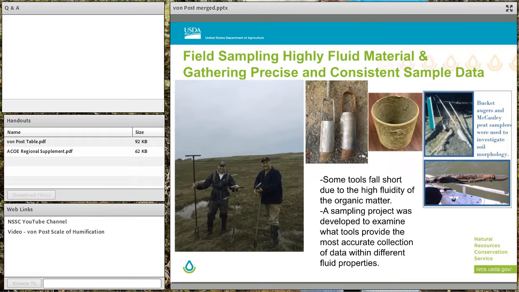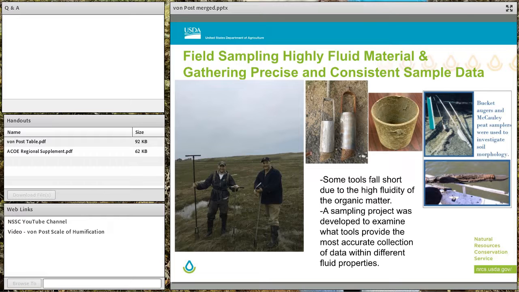And you can get quite a bit of data and grab a decent amount of sample using that. However, depending on the fluidity of the material you sample, if you use your standard core, that's just going to ooze right out of there, and it's going to fail as far as getting a good representative sample.